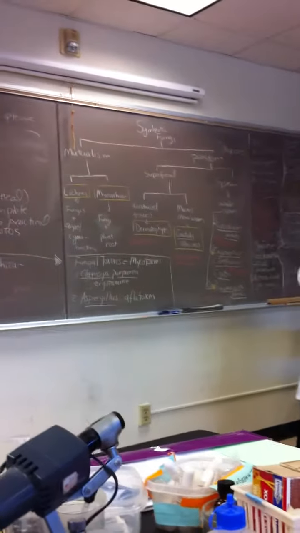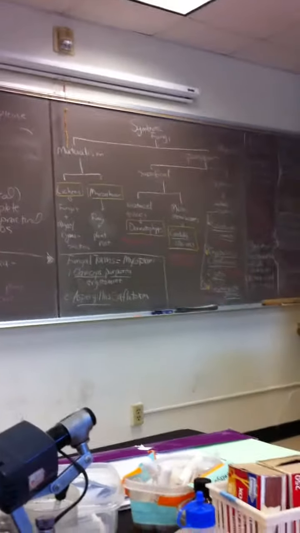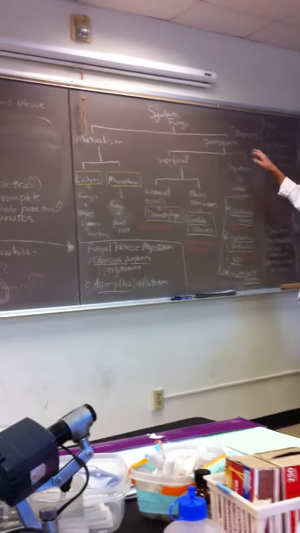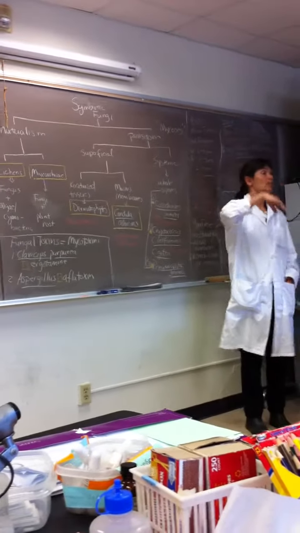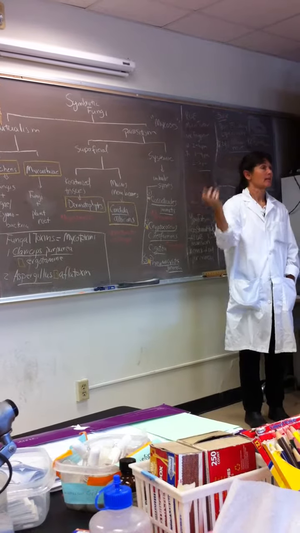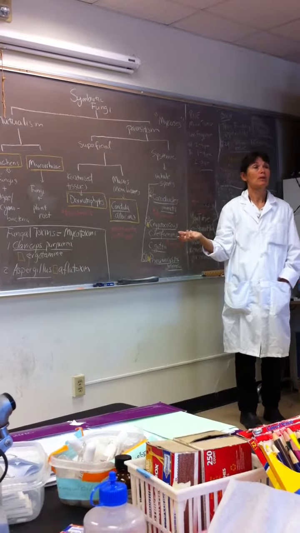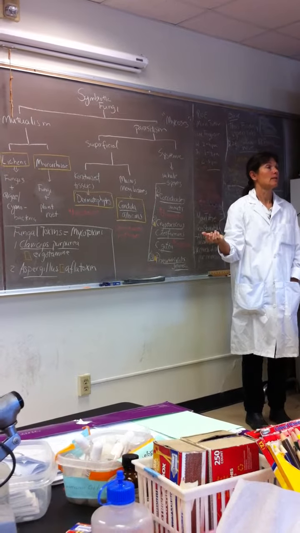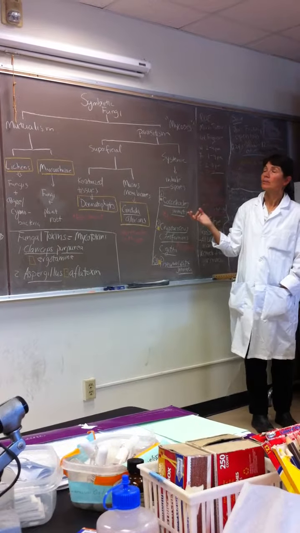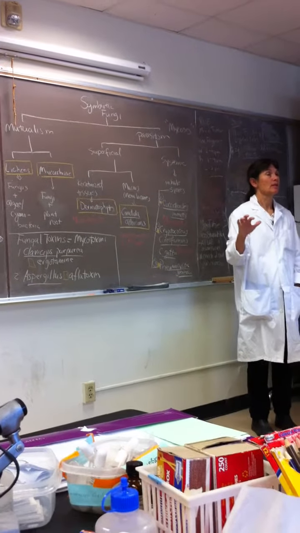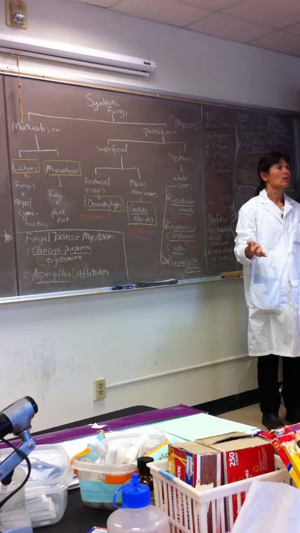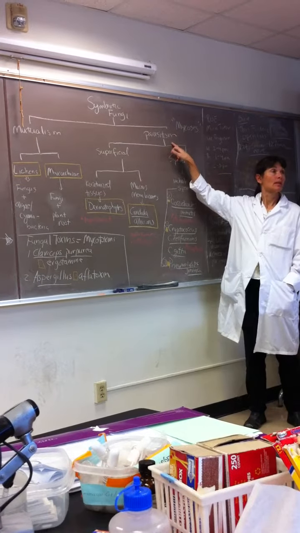Okay. So next we're going to discuss the type of symbiotic relationship in which one partner benefits, and in this case it's going to be the fungi, but the other partner is harmed or hurt. This kind of symbiotic relationship, in which one partner benefits and the other partner is harmed, is called parasitism.